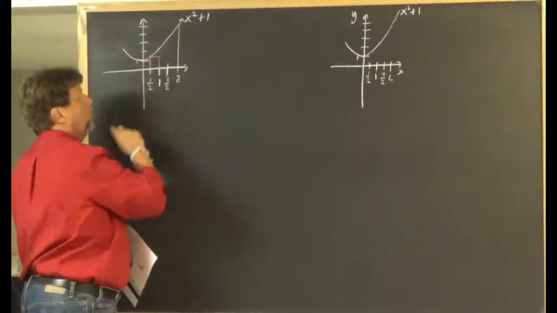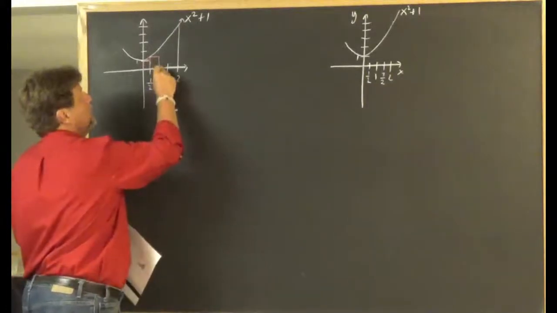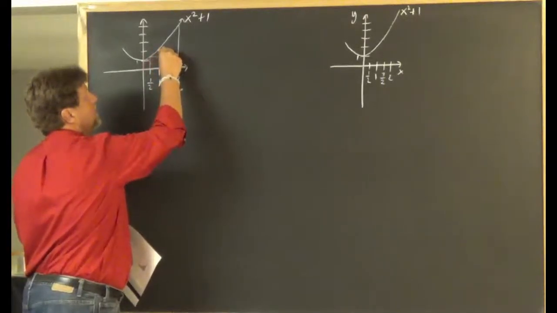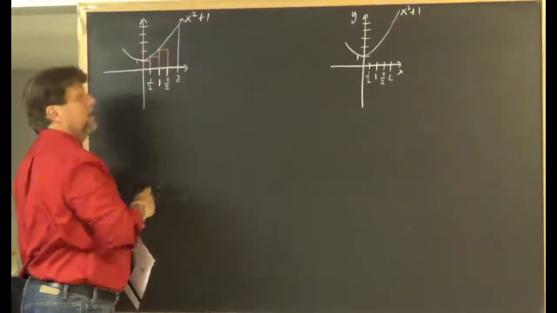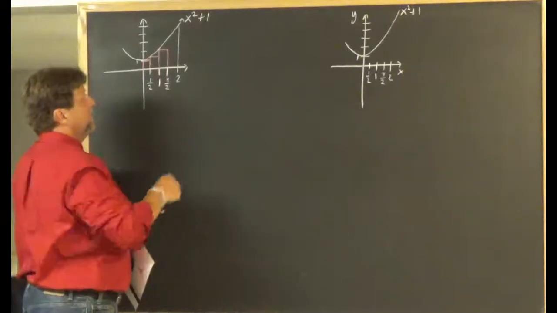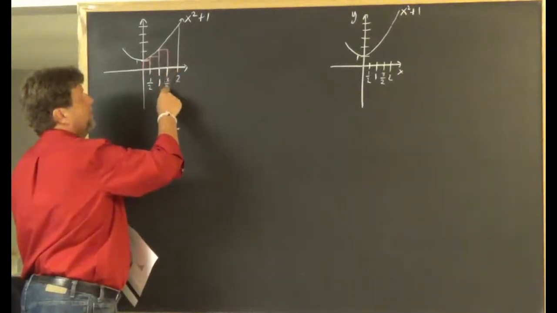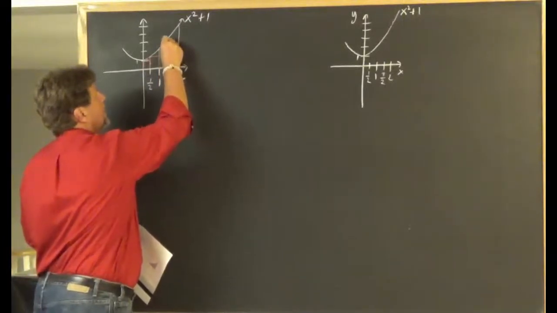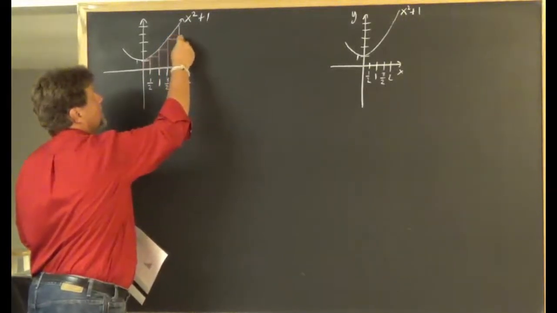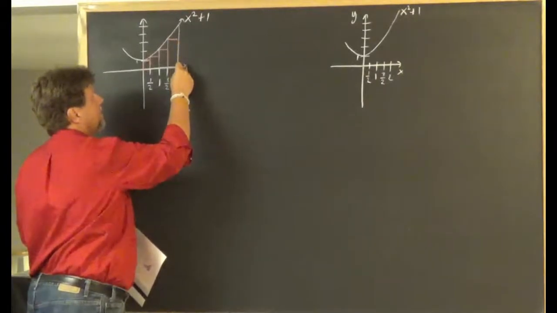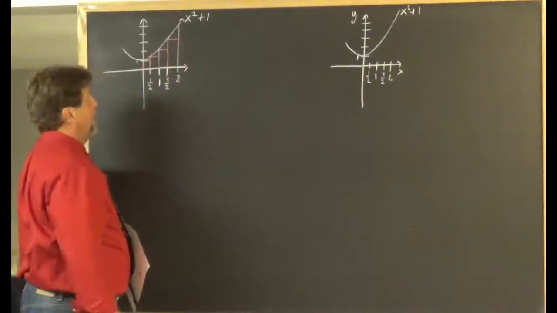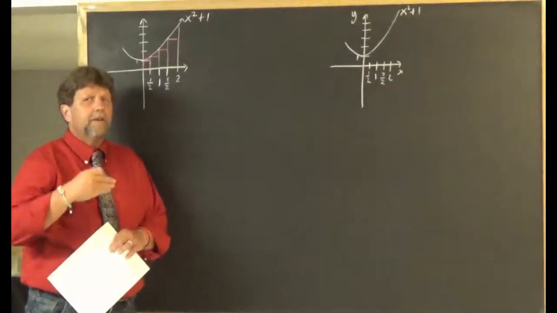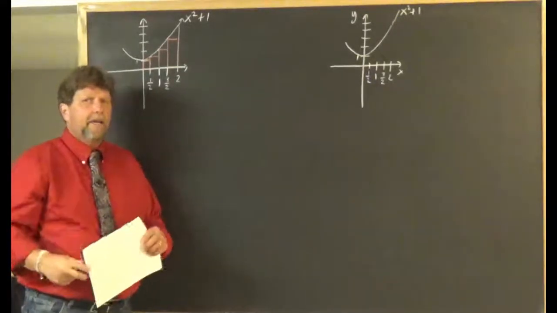The subinterval 1 to 3/2, I'm going to use the left end point of the subinterval to determine the height of the rectangle. And the fourth subinterval, 3/2 to 2, I'm going to use the left end point of the subinterval to tell me the height of the rectangle.